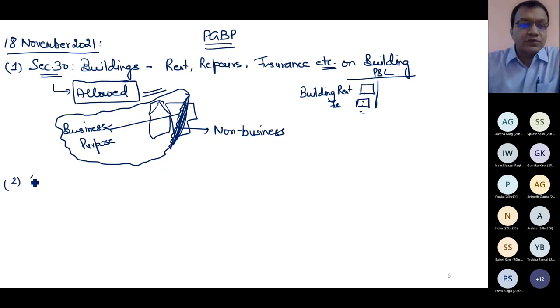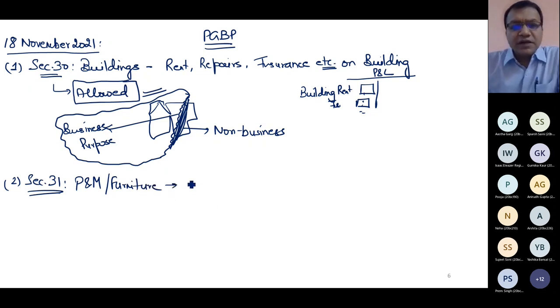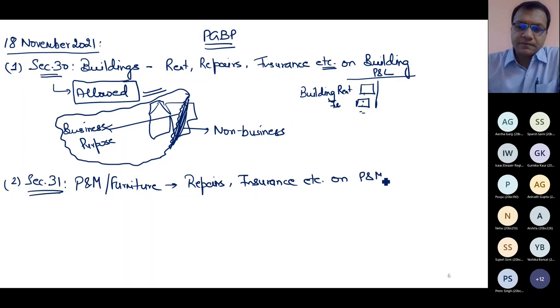Section 31. As I showed in the act, it is related to plant and machineries or furniture. In a business you need furniture, in a business you need machinery. So whatever is the repair, insurance, etc. of these plant and machineries or furniture, that is also allowed as valid expenditure, there is no problem.